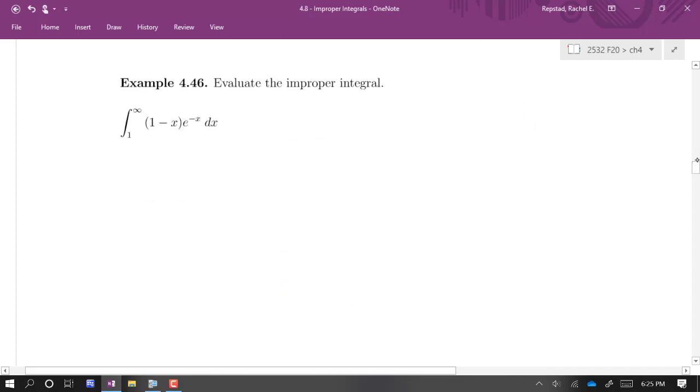Let's do another one. We're going to evaluate this improper integral from 1 to infinity of 1 minus x times e to the negative x. When you're evaluating an improper integral, we start by rewriting this as the limit, in this case as b approaches infinity, of the definite integral from 1 to b of 1 minus x times e to the negative x.